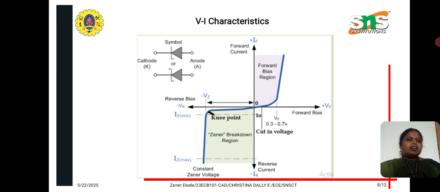At that time we take the forward voltage as 0.3 to 0.7 volts, which is the cut-in voltage. Suppose the current is constant and suddenly it decreases, that point is termed the knee point. At that time the breakdown region occurs, and here the voltage will be constant. So this is the characteristics of a Zener diode.